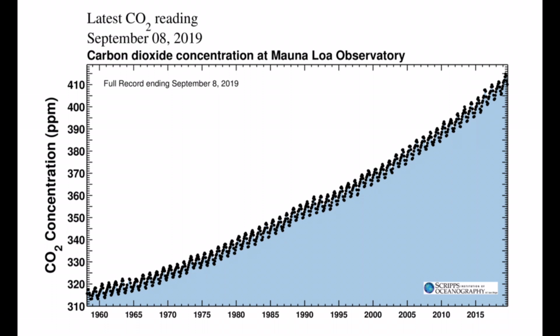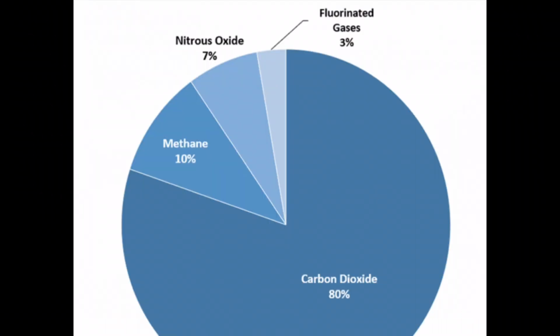As I told you, this particular chart explains exactly what percentage of carbon dioxide is present in the atmosphere when you compare it to other greenhouse gases like nitrous oxide, fluorinated gases, that's chlorofluoro, and methane. If you see this chart, you can understand carbon dioxide is almost 80%, nitrous oxide is 7%, methane is 10%. We know, right?